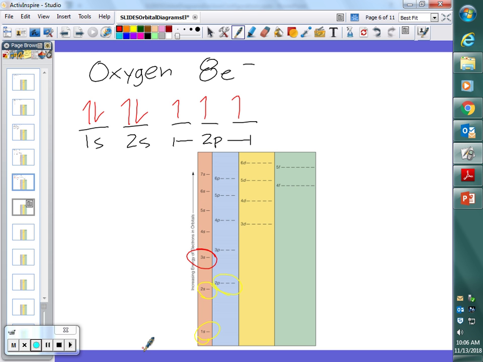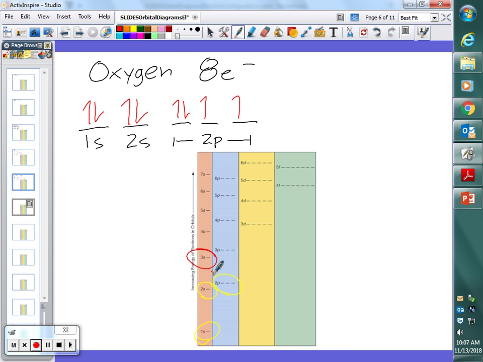No. We have spread them out as evenly as possible, but those orbitals are still not full. So, we're not going to jump up to 3s until all of the 2p's are full. Even though that means we have to pair up 1 electron in a 2p orbital, this is still less energy than jumping up to the 3s orbital.